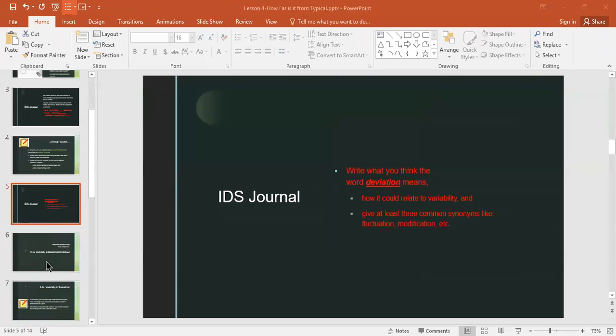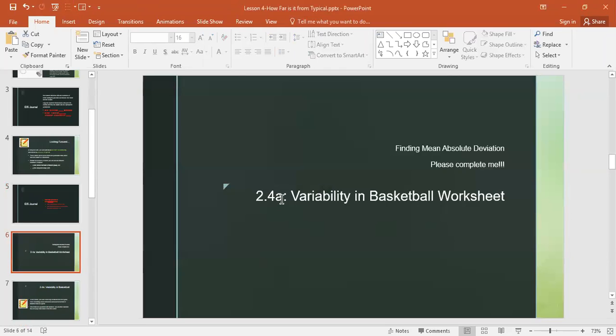So what we're going to do now is go to our 2.4a variability in basketball worksheet. We're going to do things on and off. I'm going to give you some time to answer questions, we'll do some questions together, and then you'll do a part of it again yourselves. So it's going to be a back and forth kind of deal.